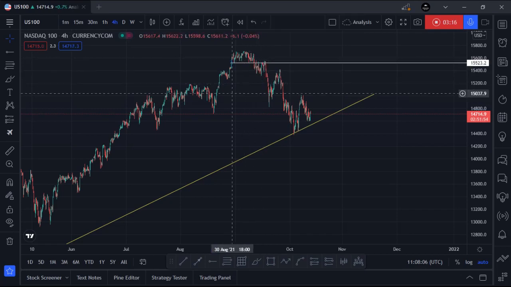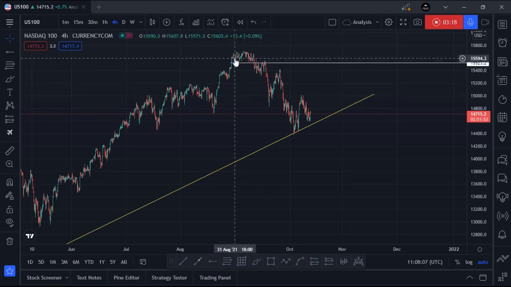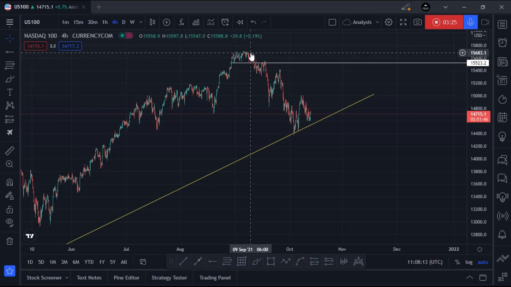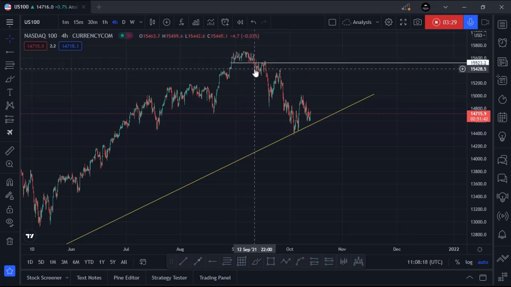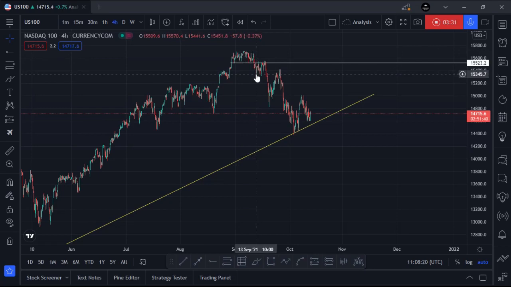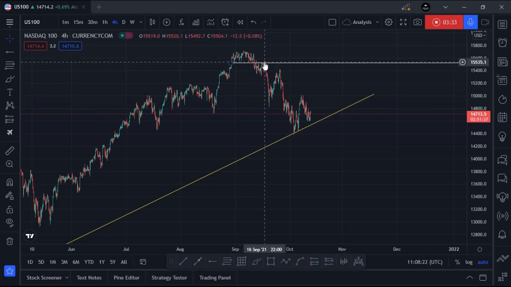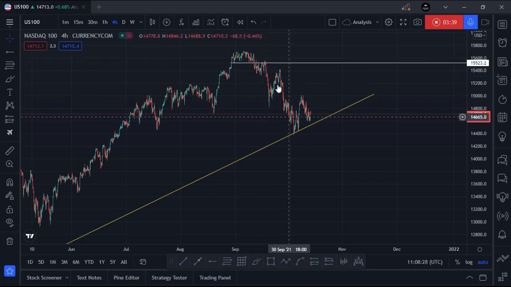So after Nasdaq broke below this now resistance, when it started ranging, you can see from here, it broke down again. And as it broke down, it went back to retest the very same zone that it broke, and then it started going to the downside.